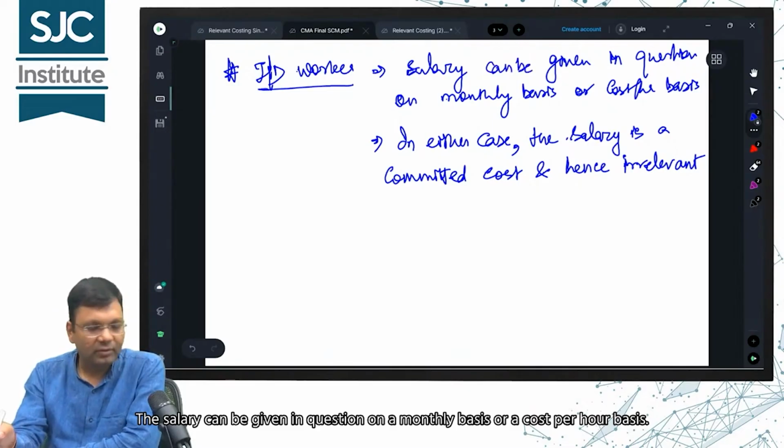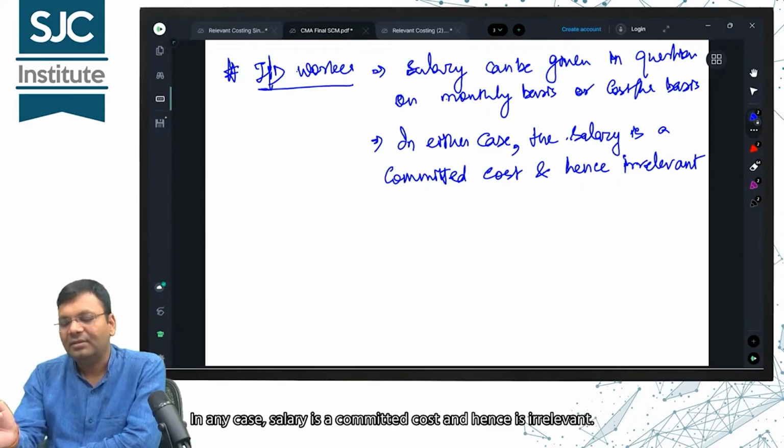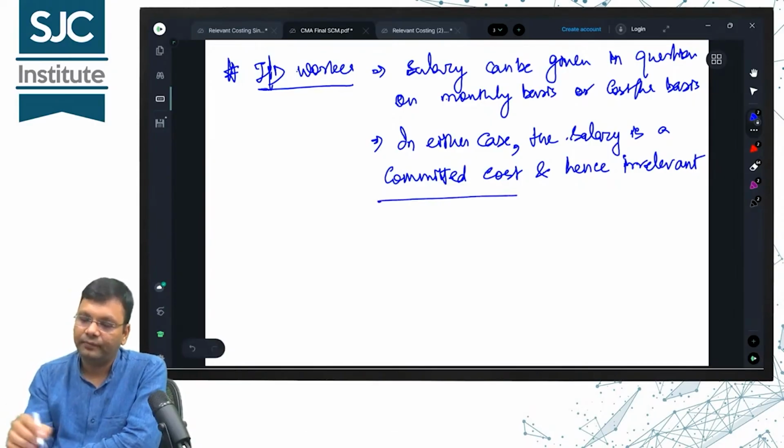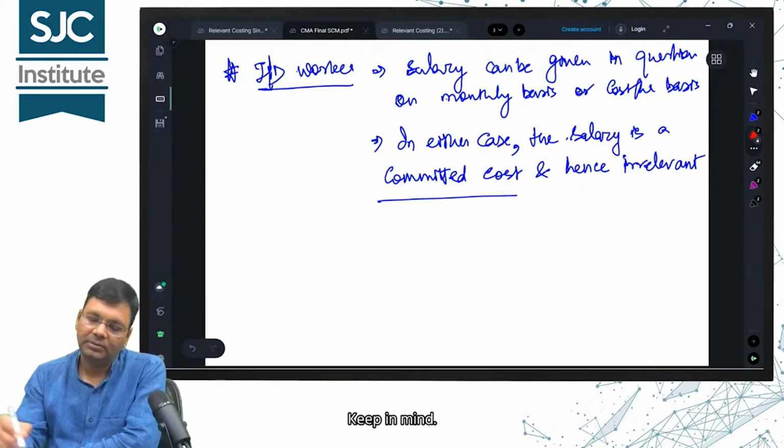The salary can be given in the question on a monthly basis or a cost per hour basis. In any case, salary is a committed cost and hence is irrelevant. Keep in mind.